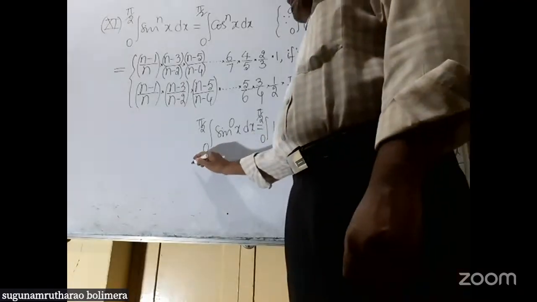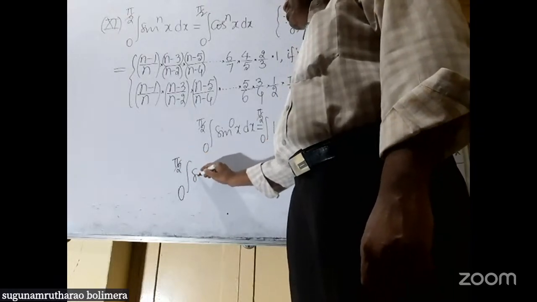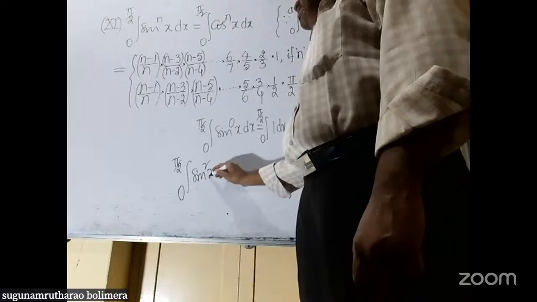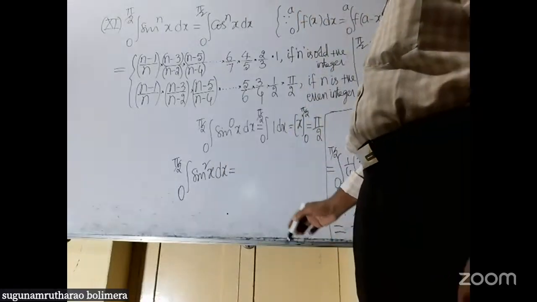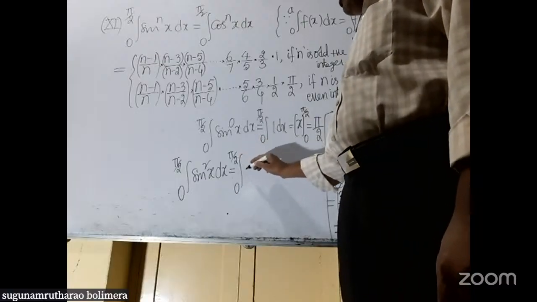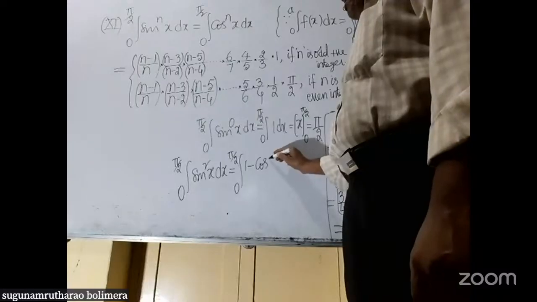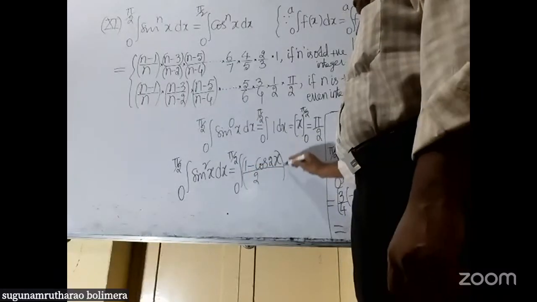So again, if you want to write integral 0 to pi by 2 of sine square x dx, the sine square x can be written as integral 0 to pi by 2 of 1 minus cos 2x by 2 dx.